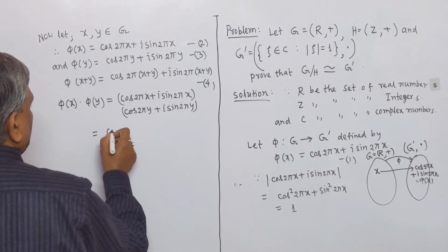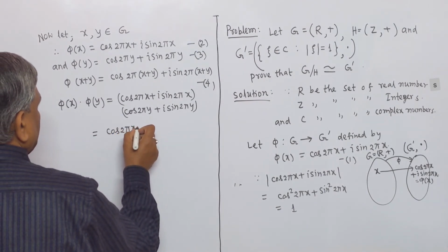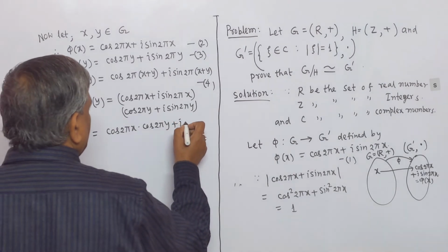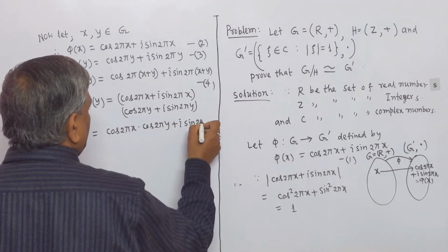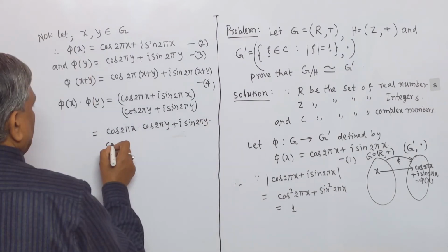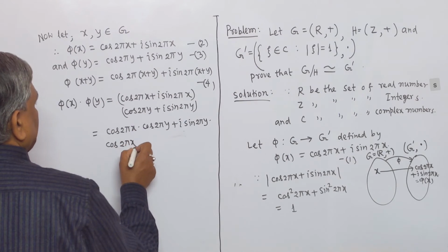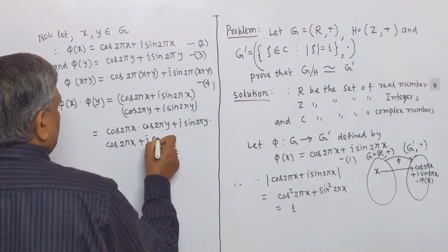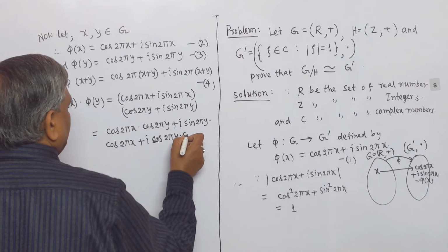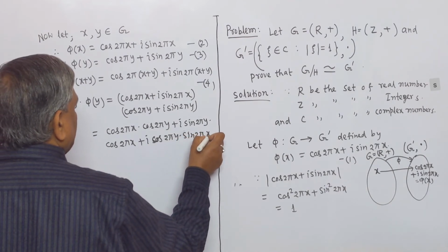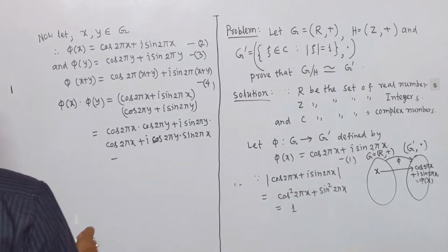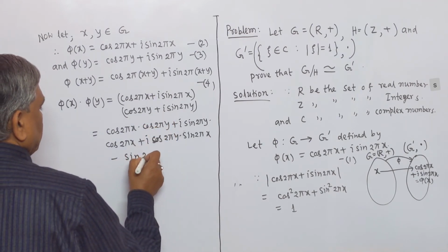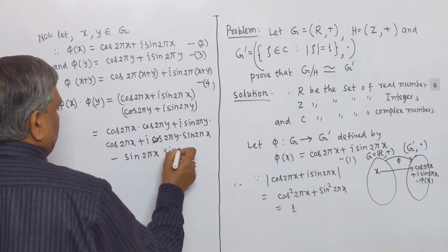This equal to cos 2 pi x multiply cos 2 pi y plus I sin 2 pi y multiply cos 2 pi x plus I cos 2 pi y multiply sin 2 pi x minus, I square means minus, sin 2 pi x sin 2 pi y.